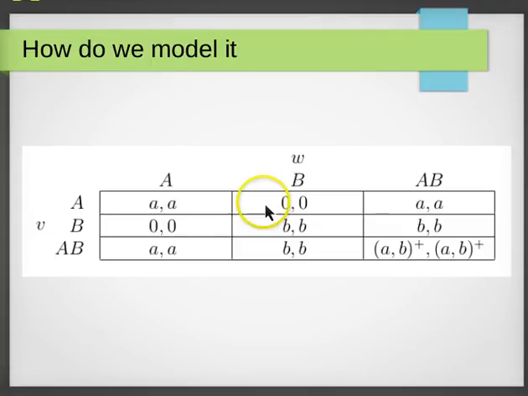Here, instead of two technologies A and B, we have three: A, B and AB. There are people who know A, people who know B, and people who know both A and B. If you are a person who knows only A, you will get a payoff by being with a person who knows A or who knows both A and B, but not with a person who knows only B. Similarly, if you know B, you will get a payoff if you are with a person who knows B or both A and B. What if you are a person who knows both A and B?